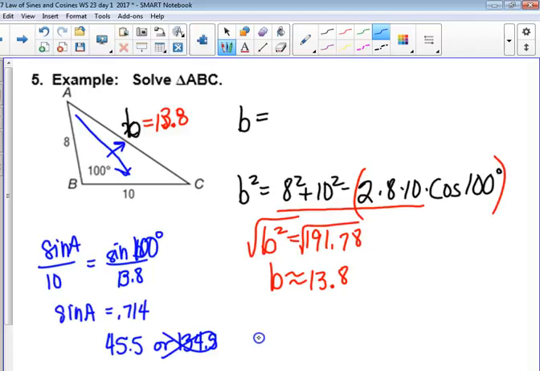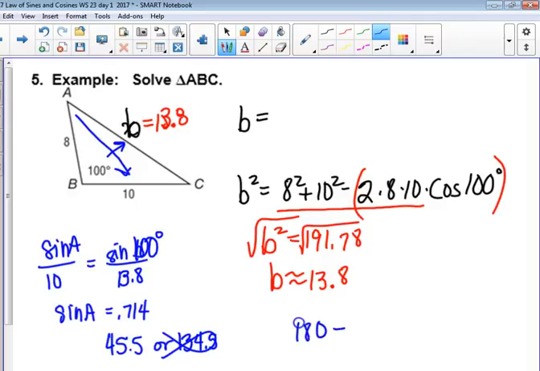Now, the issue is, if you do law of sines a second time to find angle C, you get a slightly different answer than if you subtract from 180. I'll be okay with either one. If you actually do law of sines again, it adds up to like 180.3 or 180.2 because of rounding issues along the way.